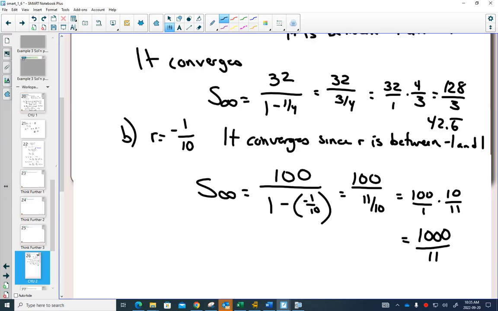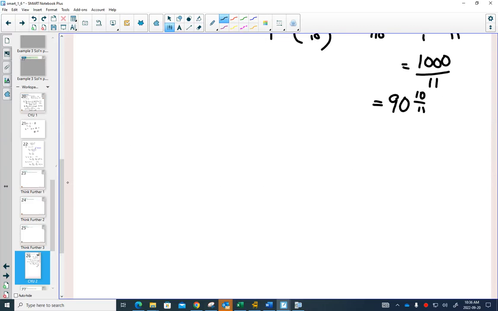And now that I've taught you how to do 11ths and 99ths as decimal places, you might be able to convert this and see it works out perfectly to 90 and 10/11ths, which is the same as 90 and 90/99ths.